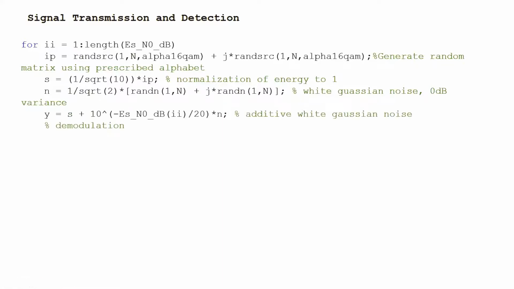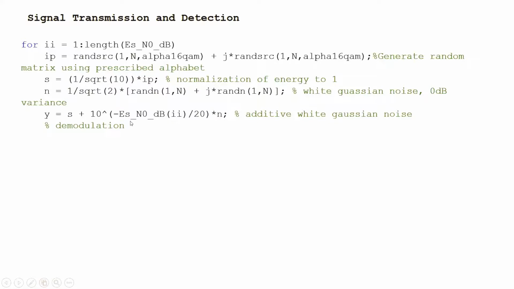Next is the received signal. Since we are considering the channel to be an additive white Gaussian noise channel, the signal S will be added to the noise signal. Since we have to get the exact value of the noise signal, this n will be multiplied by the signal to noise ratio value without dB.